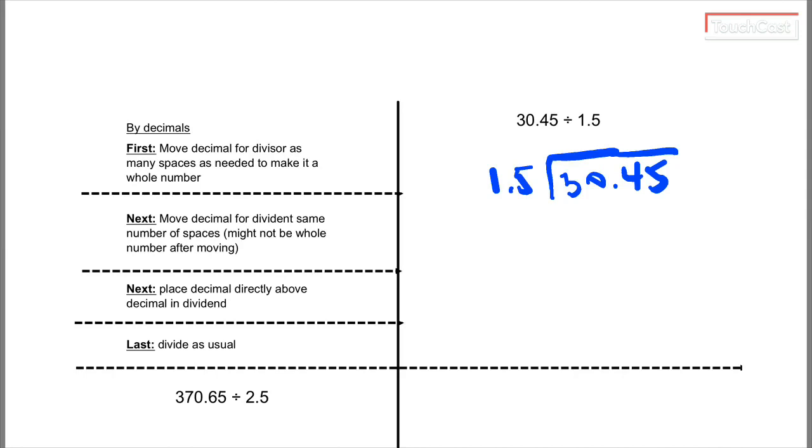So it's all based on the number on the outside of the division sign. So since the decimal needs to be moved over one time to make it a whole number on the outside, we have to move the decimal on the inside one time. So our actual division problem looks like this.